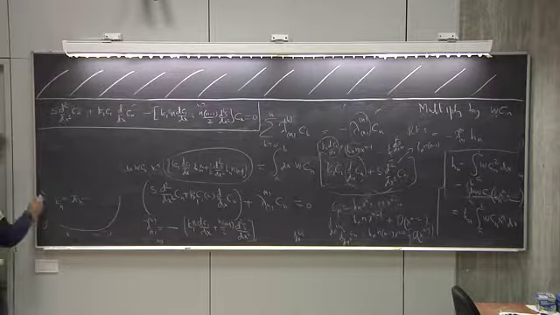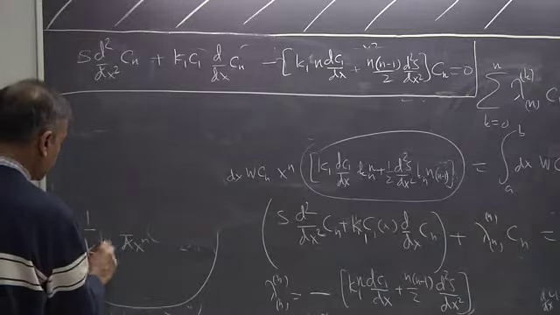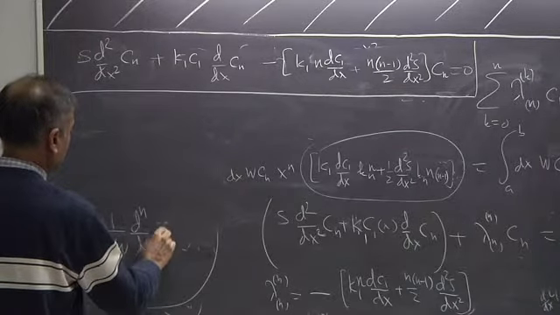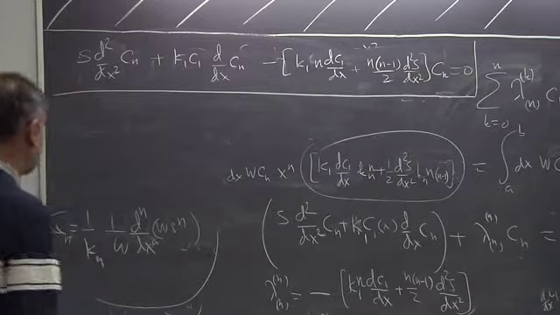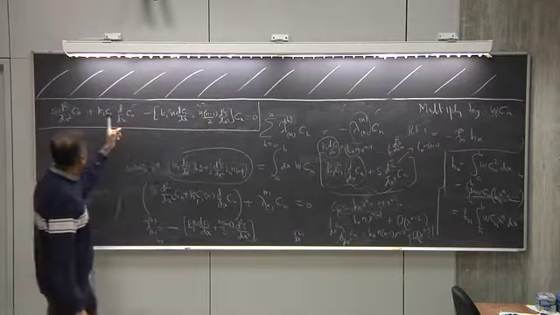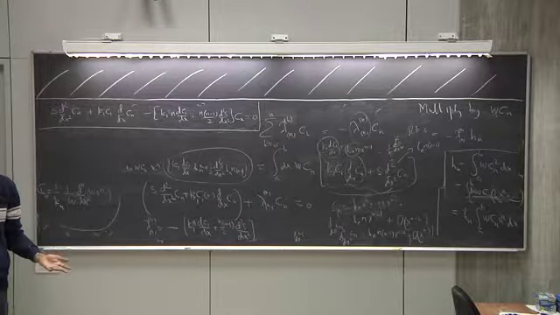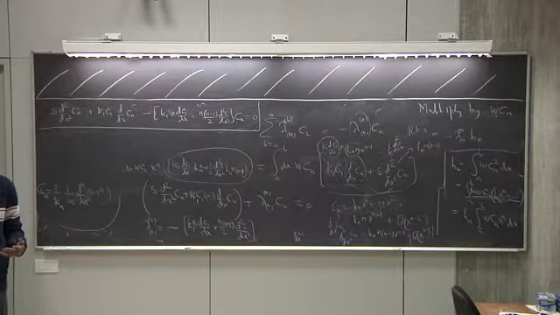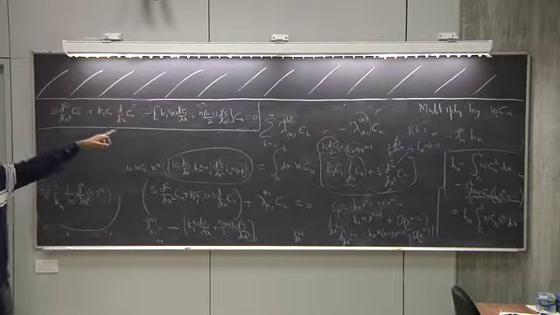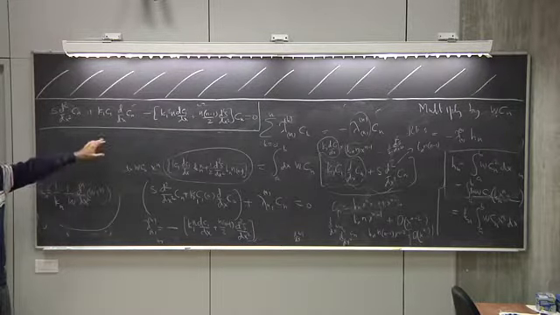Okay. So now let's look at the individual cases. I should say, as a consistency check, we had 1 over Kn, 1 over w dn by dxn of ws to the n. This was the definition of Cn. Now, Cn appears only linearly here. It's a linear differential equation for Cn, not quadratic. So I could have multiplied Cn by any constant number, not an x-dependent function, and it wouldn't change.